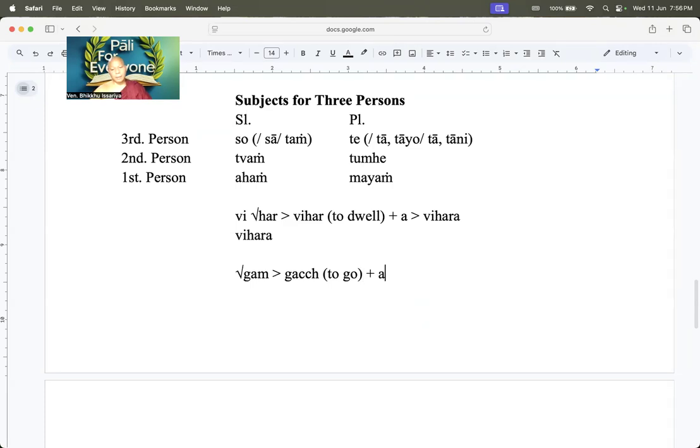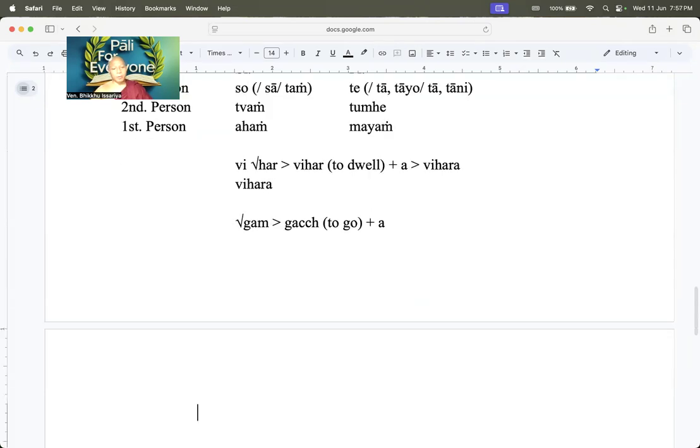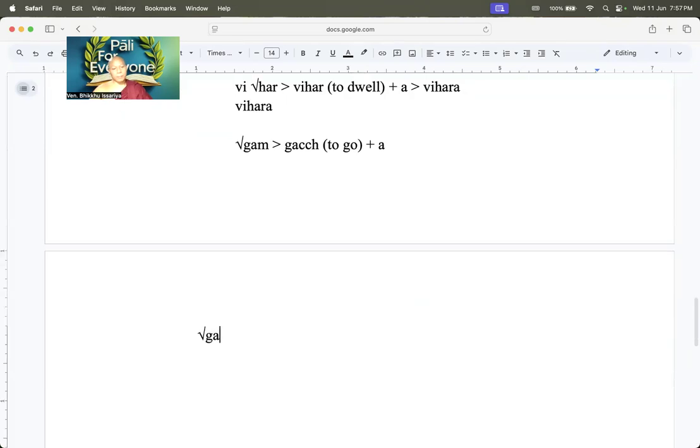If we add the a sign, we have two base forms we can understand. So gam and the a, so gamma, or maybe the other one, not root, secondary form, gach, so at that time gaccha. The same meaning, gam also to go, gach also to go.